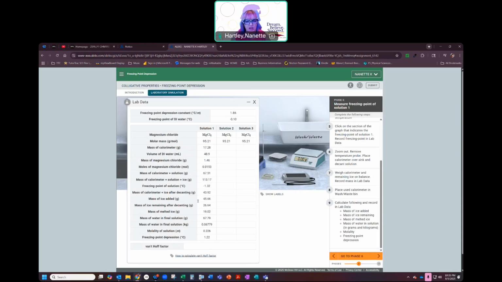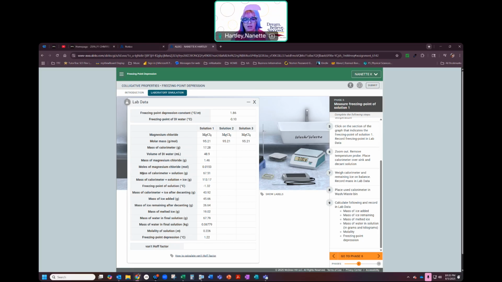What you need to think about is what are they actually asking you to calculate? So if you want to know the mass of the ice added, for instance, then you need to figure out where it is that you only have ice. If you want to know the ice by itself, then you have here the mass of the calorimeter plus the solution plus the ice.